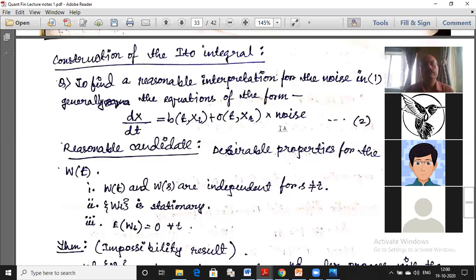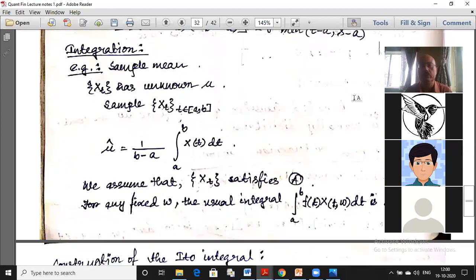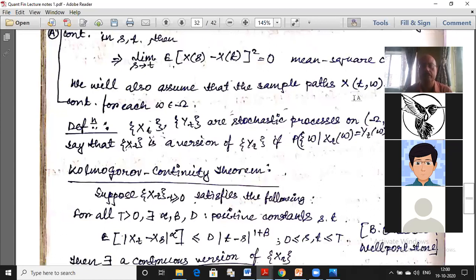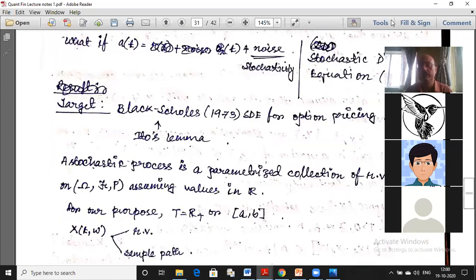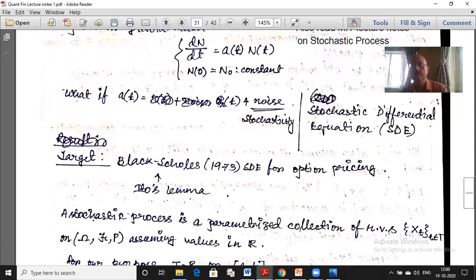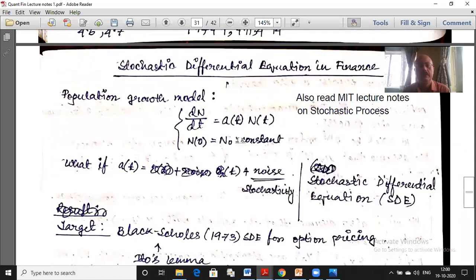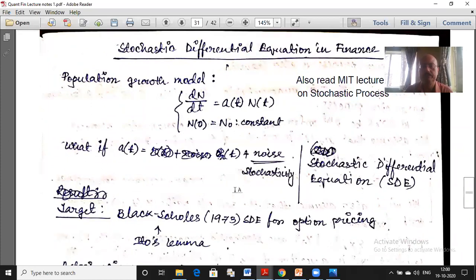So the construction of this integral is essentially to find a reasonable interpretation for the noise term in our differential equation. You recall equation 1, the very first equation that we wrote up there in the morning. This was our equation 1. And there we introduced a randomness in the growth coefficient.